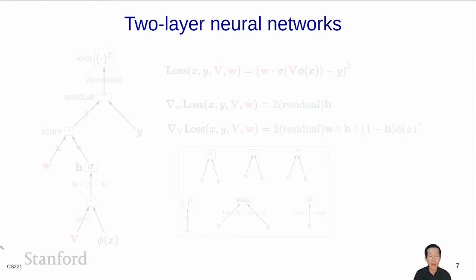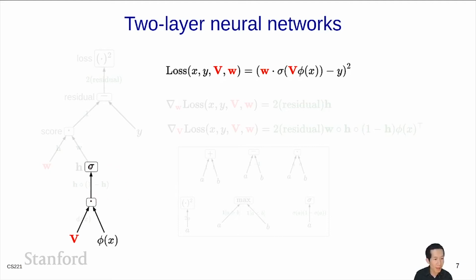All right, so now let's do neural networks. This is not going to be really anything new. It's just going to be a different example. So I'm going to do two-layer neural networks, and we're going to, again, build this computation graph up. So we have the feature vector. You have the first layer weight matrix V. You take the product, and then you stick this through the activation function.